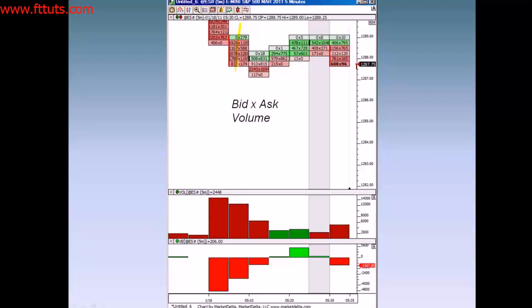The next question we want to look at is, where was the biggest volume? Was it at the top or at the bottom of the bar or in the middle? If it is in the middle, then we know that we have two extremes, and we want to see where the middle of the next bar is going to be. Is it going to be above the prior value area for the bar, or below it?